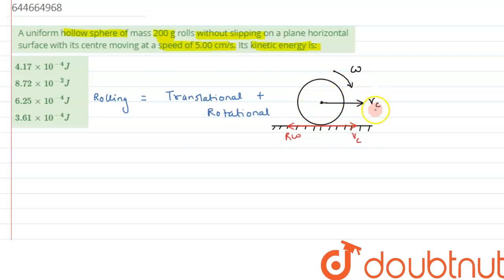When it is translating, suppose its speed is vc, the velocity of the center of mass moving in the rightward direction, so we can say every point on the body will move with the same velocity vc in the forward direction. This has to be understood very well.